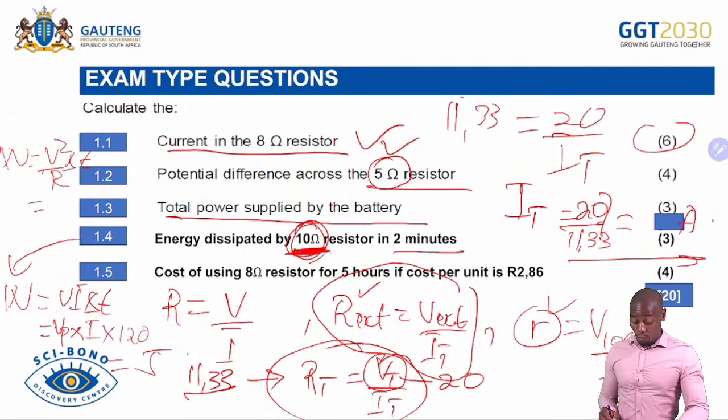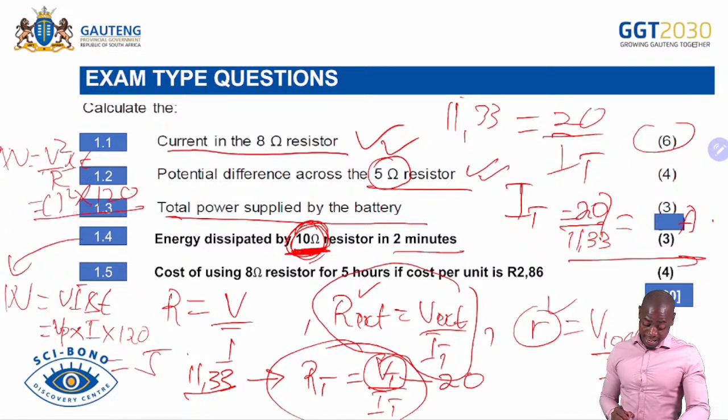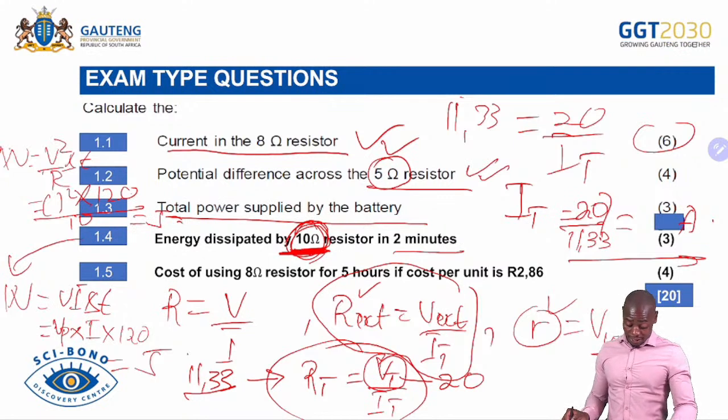So we want the potential difference across that 10 ohm resistor, which is what we calculated there. All right. So you'll use that and then you square that. Then time is 2 minutes, which is 120 seconds. And then R, what is R in that 10 ohm resistor? It is 10. Then you'll also get your answer in joules.